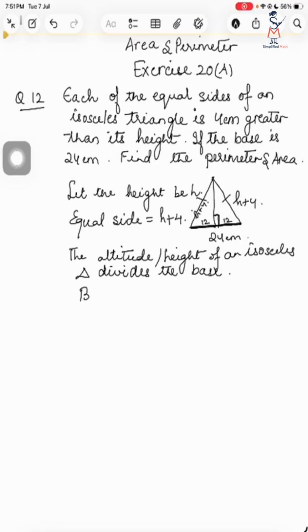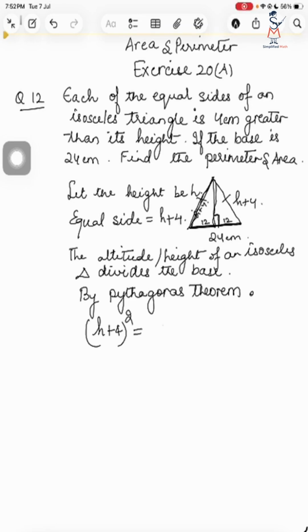So we will apply the Pythagoras theorem here, in this small triangle. We know the hypotenuse is the side of the isosceles triangle. So (h plus 4) square is equal to base square plus height square.